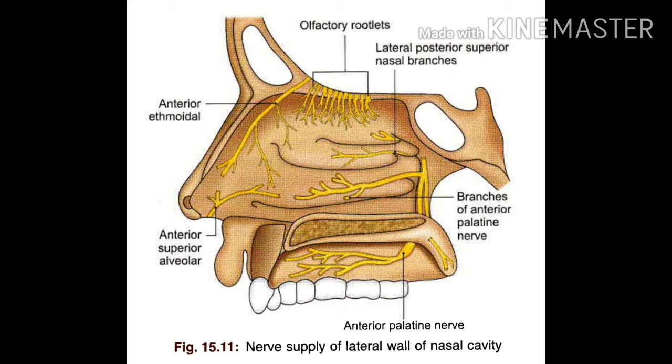I know it is quite tough to remember, but just write it down and write it as many times as you want. It will really help you in remembering all these terms. So the posterior superior part of the nasal septum is supplied by the medial posterior superior nasal branches of the pterygopalatine ganglion. That is all for the sensory nerve supply of the nasal septum.